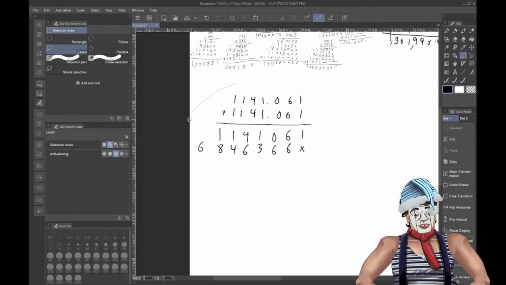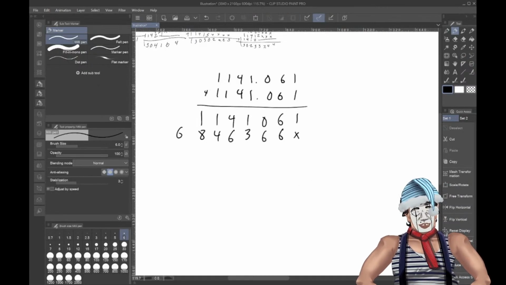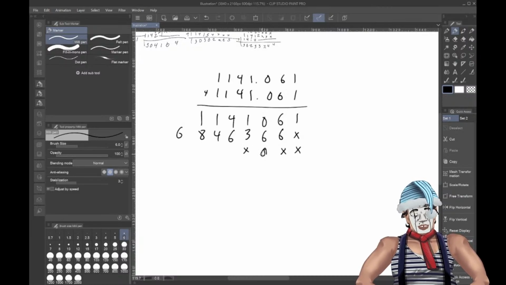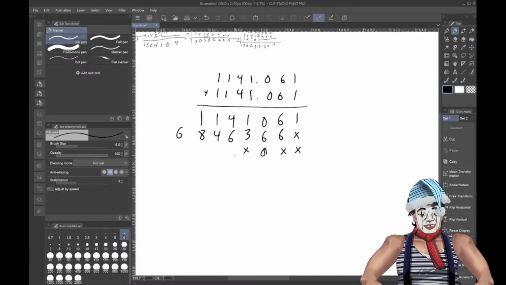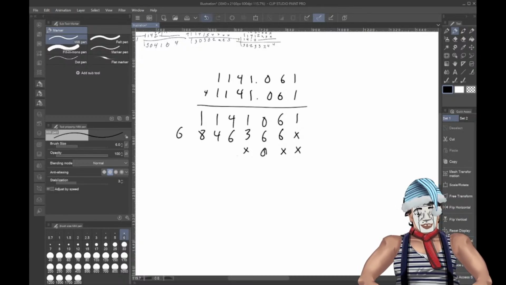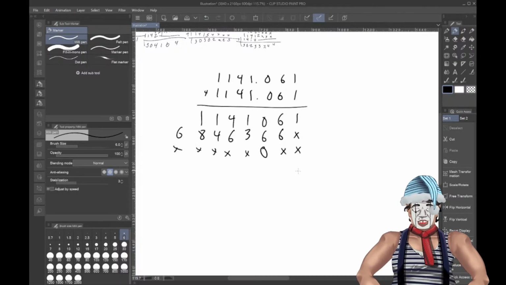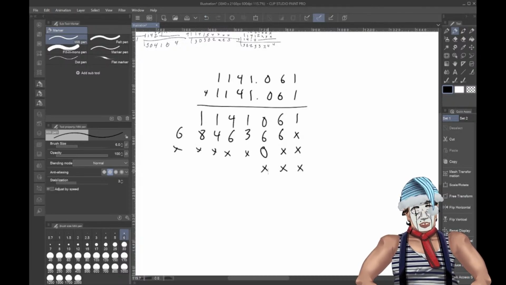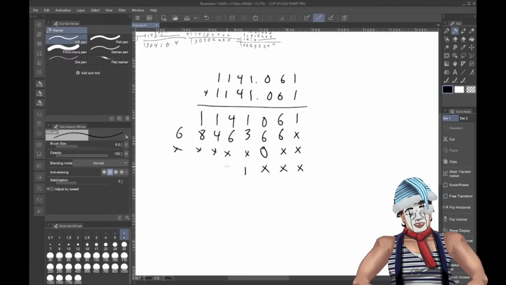Okay, the next part is 0. That's simple. I really wish my zeros didn't look like 6s all the time. It would be way less confusing. Then we multiply by 1. So we'll get 160,1411.